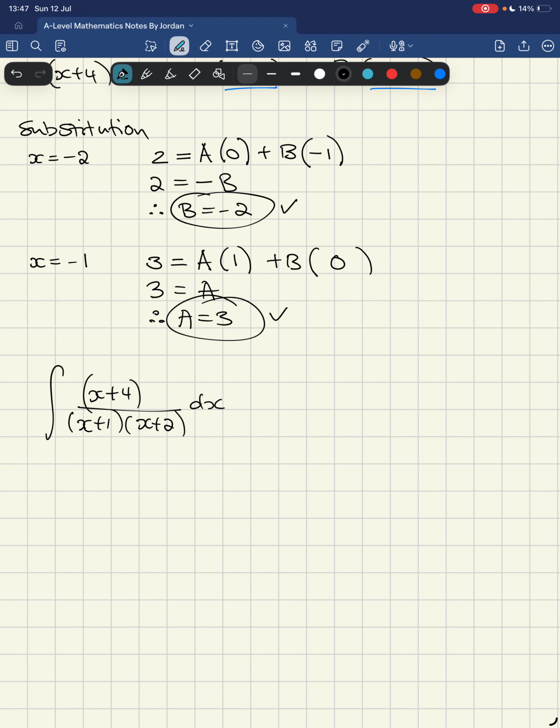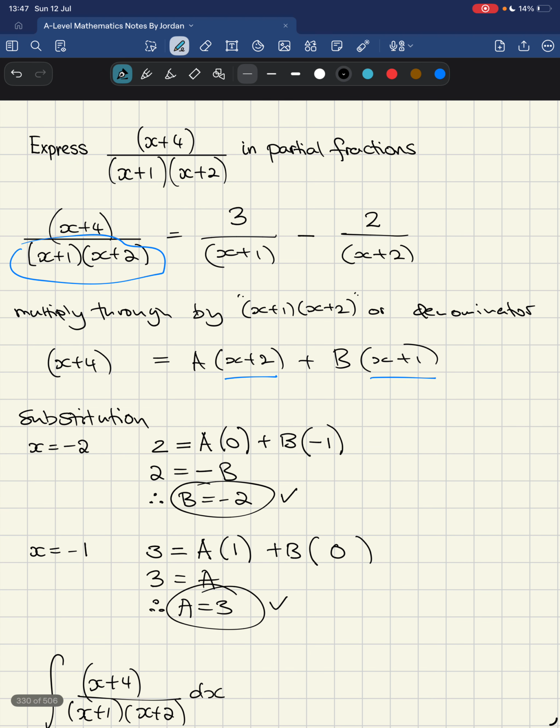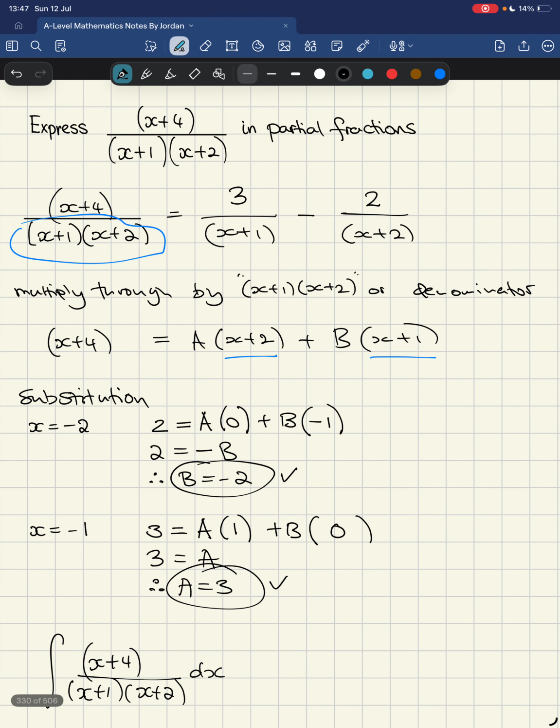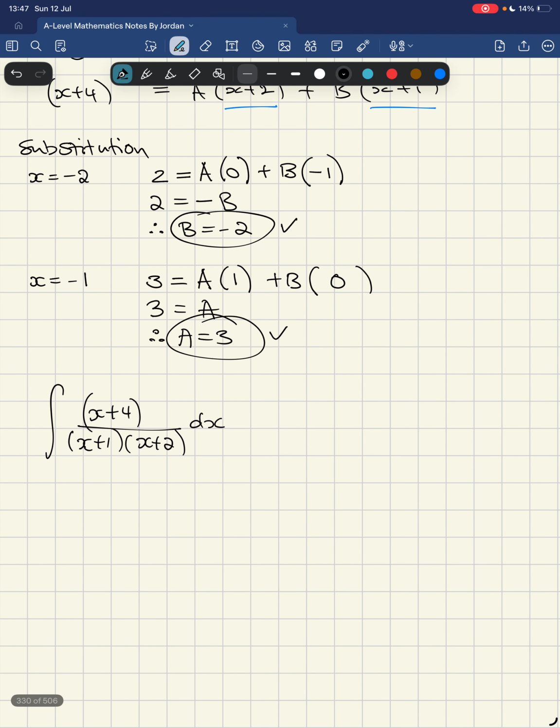So if they wanted to integrate that with respect to x, what you would actually do is do this first part here where you'd express them as partial fractions. So we already have our result here. So we've got 3 for the first one and then -2 for the second one. So we can just simply get that straight in.